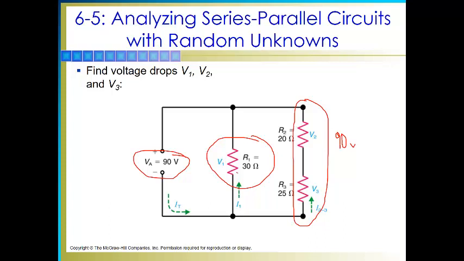In order to successfully solve the problems on this chapter, the homework problems, we need to make sure that we understand the two previous chapters, the series and the parallel circuits, because this chapter 6 is a combination of chapter 4 and chapter 5.